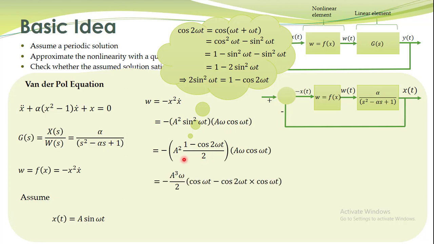Simply multiply the things. This a square into a is a cube, and then this 2 is already also taken outside. So 1 multiplied by cosine omega t is over here, and cosine 2 omega t multiplied by cosine omega t is written over here.